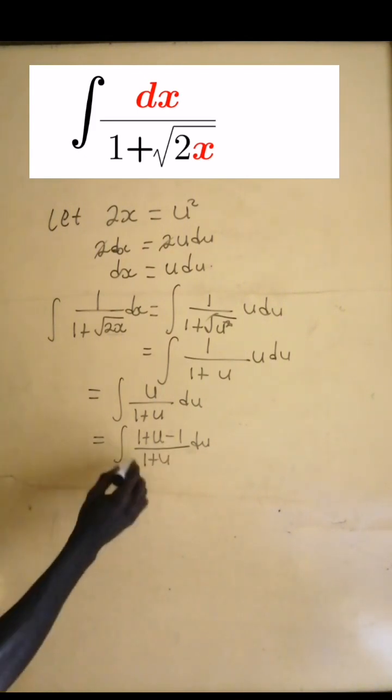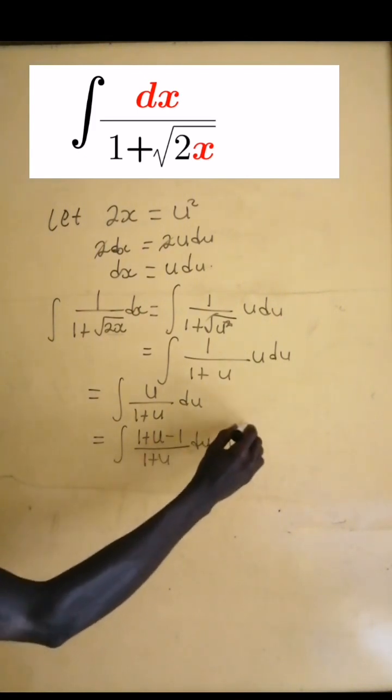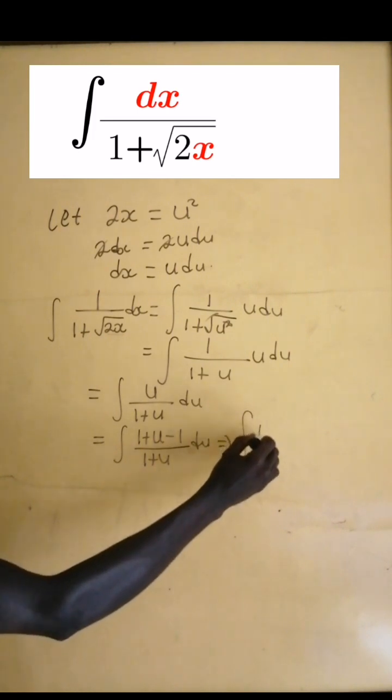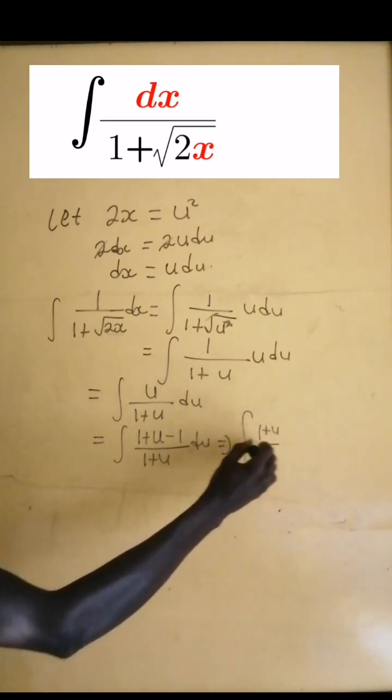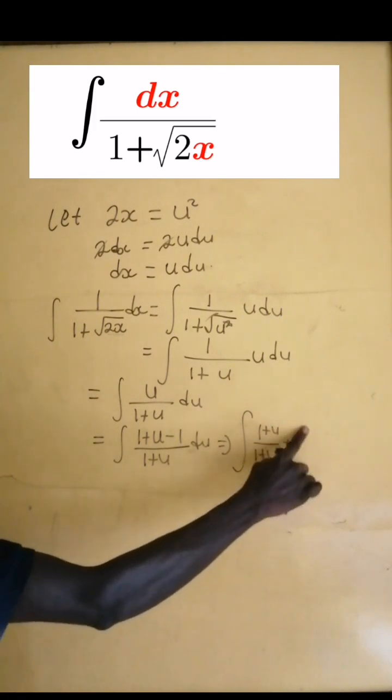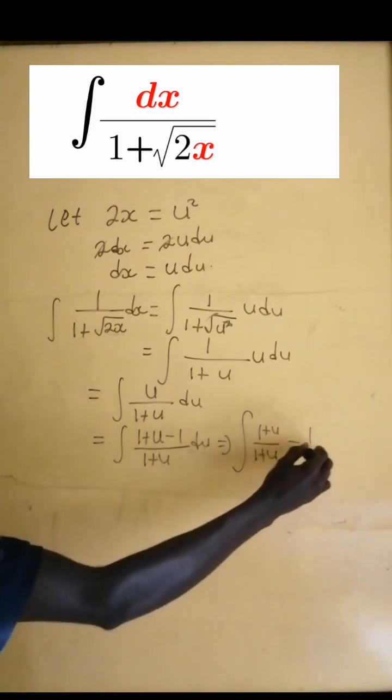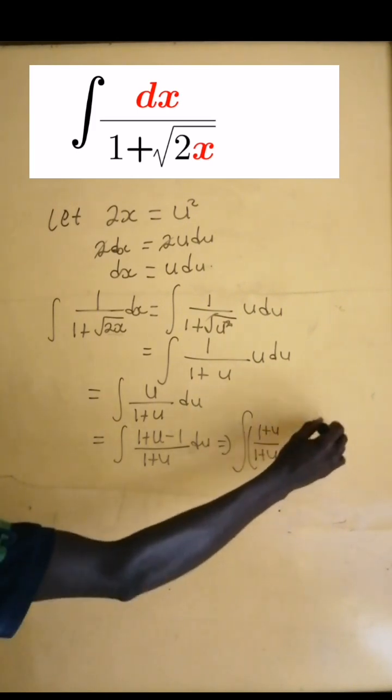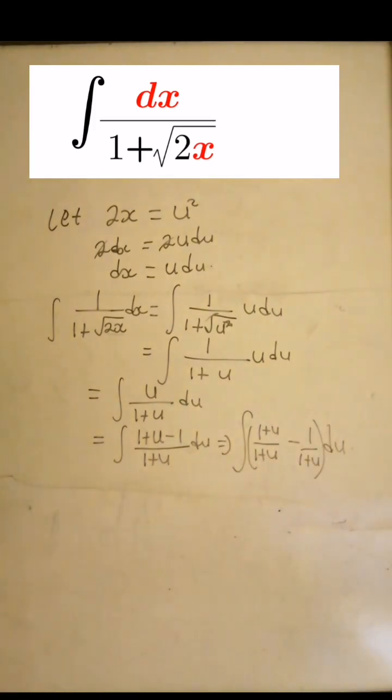Now, we are going to have the integral of 1 plus u divided by 1 plus u minus 1 divided by 1 plus u du.